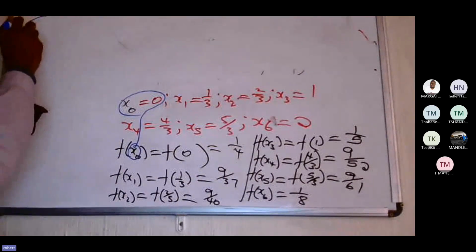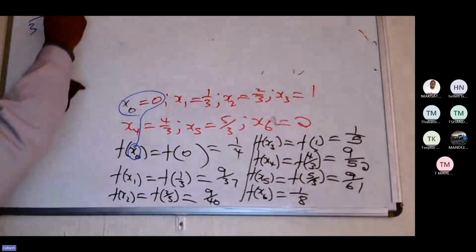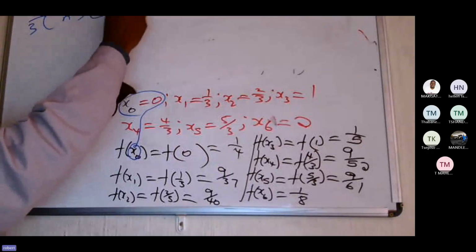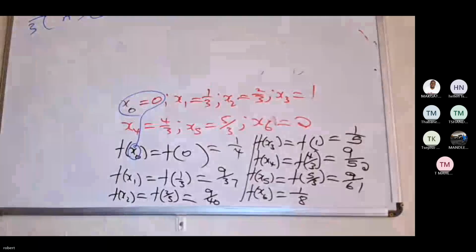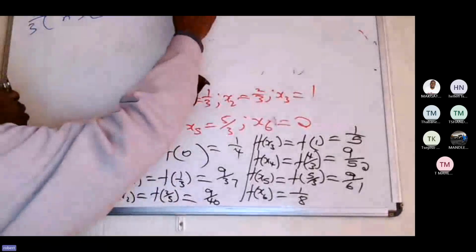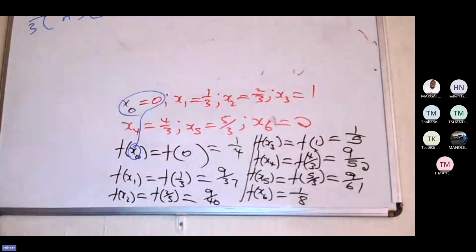It's 1 over 3 in brackets b minus a over n in brackets f of x0 plus 4f of x1 plus, what now? Plus 2f of x2. How many terms are we going to have inside the brackets?